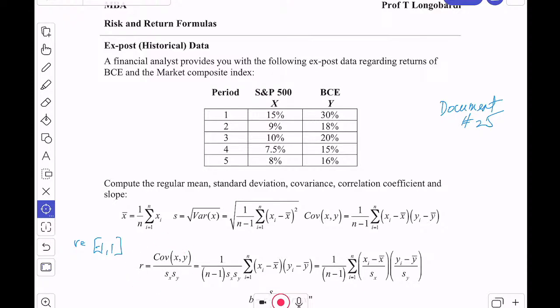The relationship between covariance and correlation. So this converts to R, which is a measure of direction and strength of a linear relationship. That's what R is.